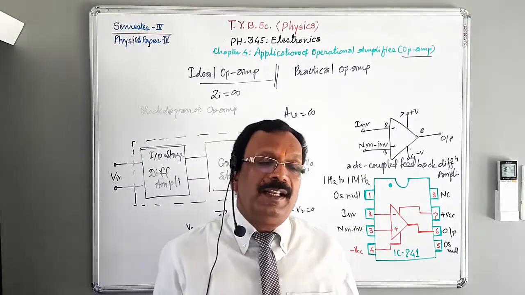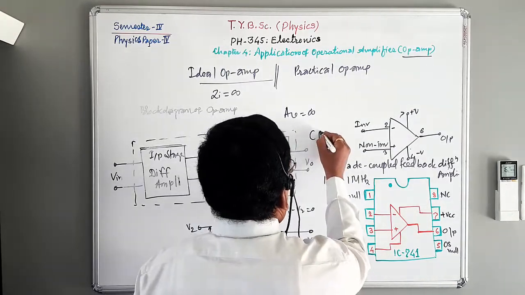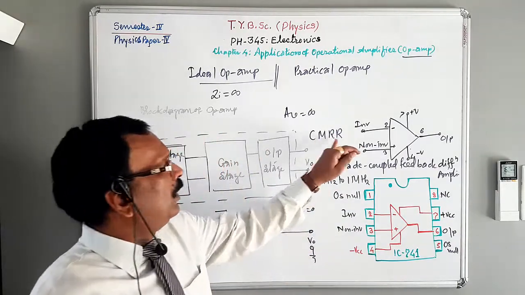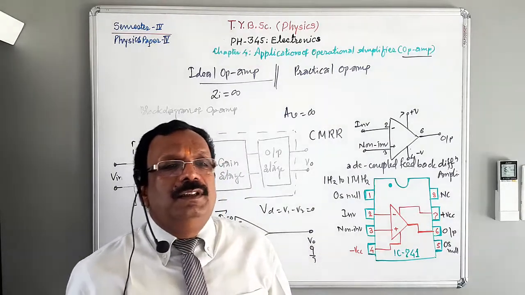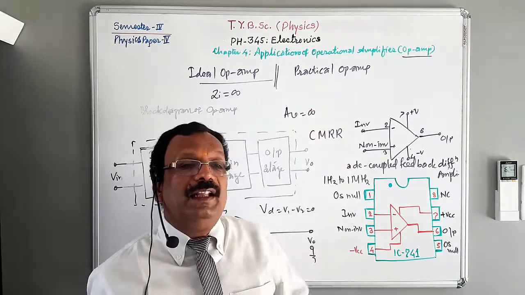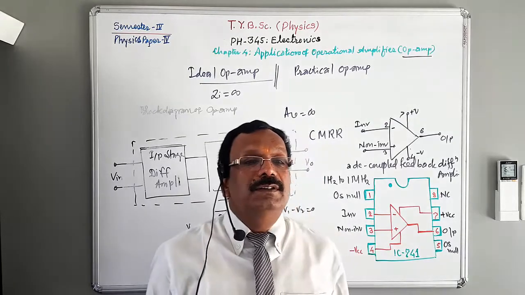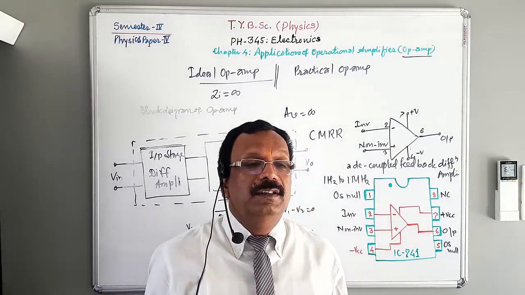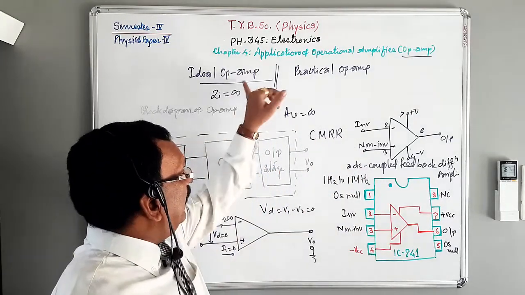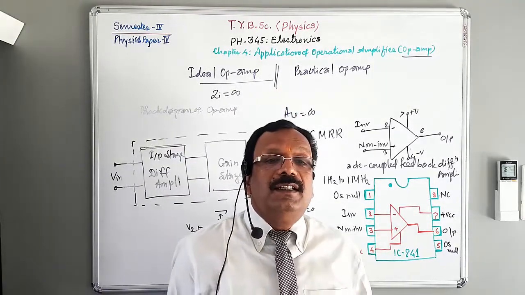Then the next parameter, common mode rejection ratio. The common mode rejection ratio of an ideal op-amp is infinite.